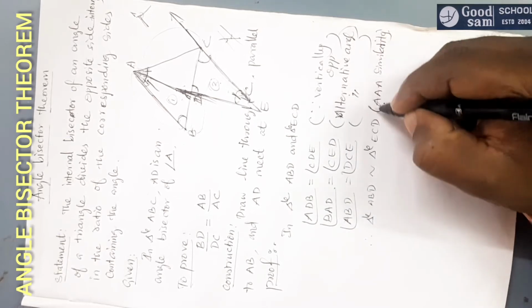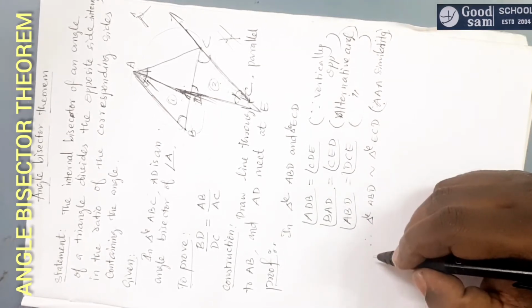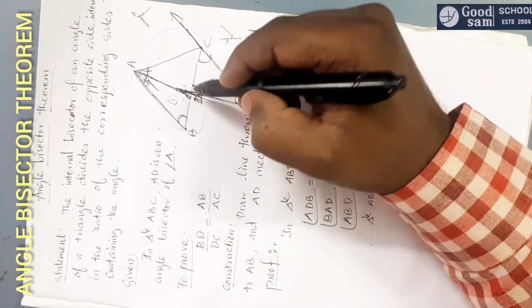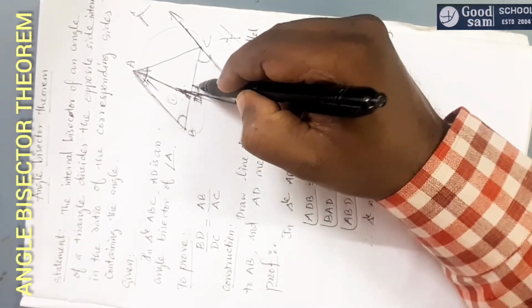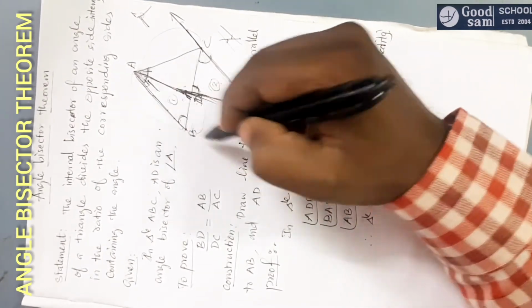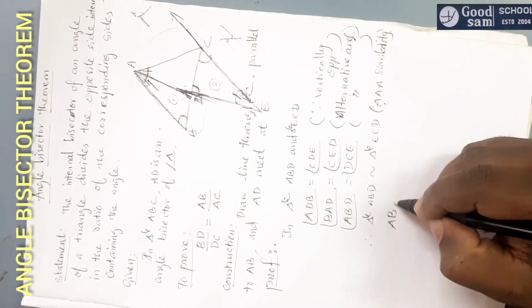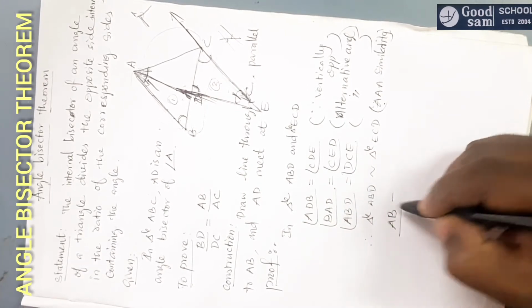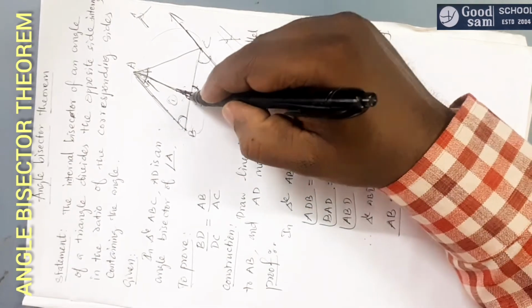AAA similarity. So in similar triangles, their corresponding sides are proportional. These two angles are equal, so the side opposite to this is the corresponding side.